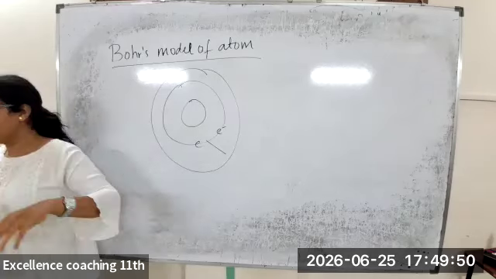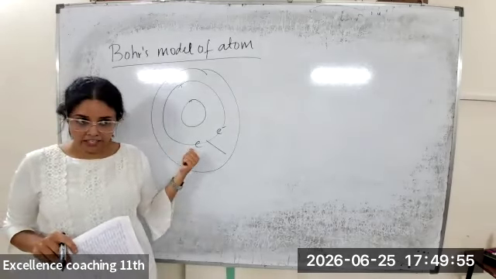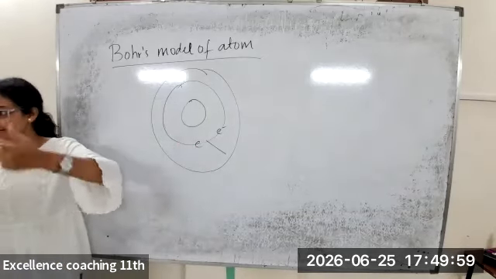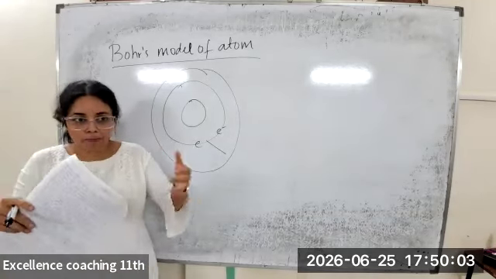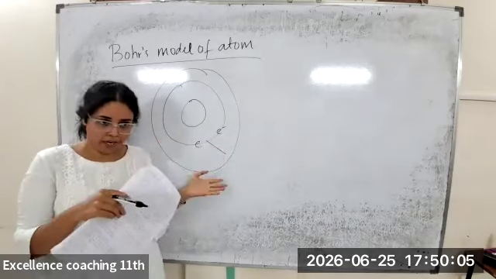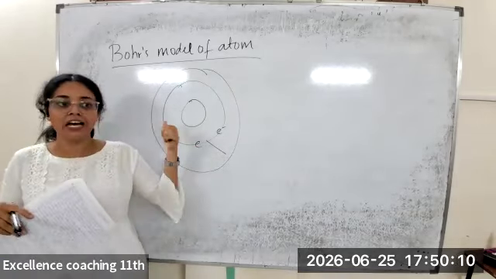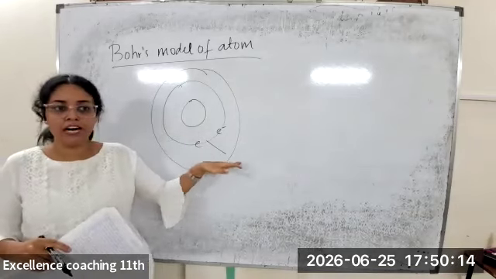Unless and until I supply energy to this particular electron, it will not move or get excited. When does it get excited? It will absorb the energy which I provide to it and move to a higher state.